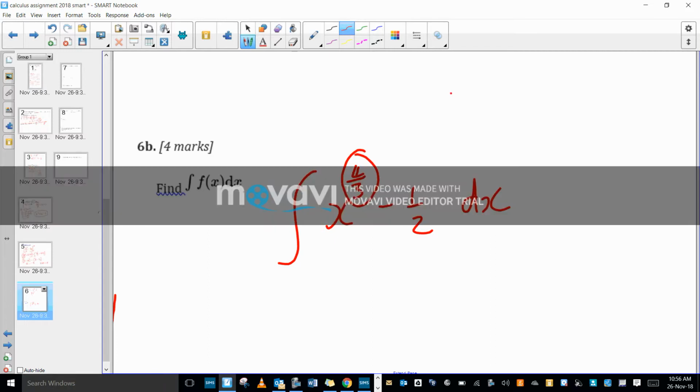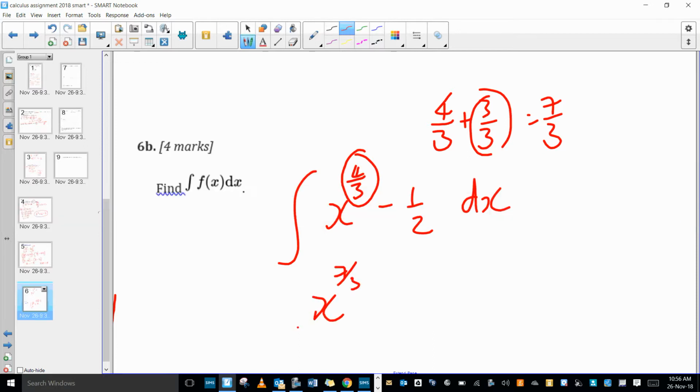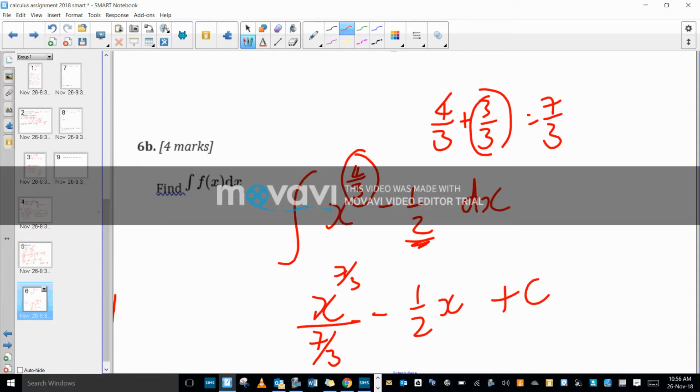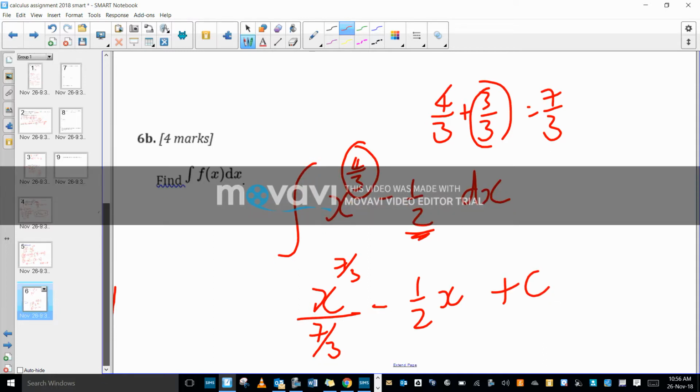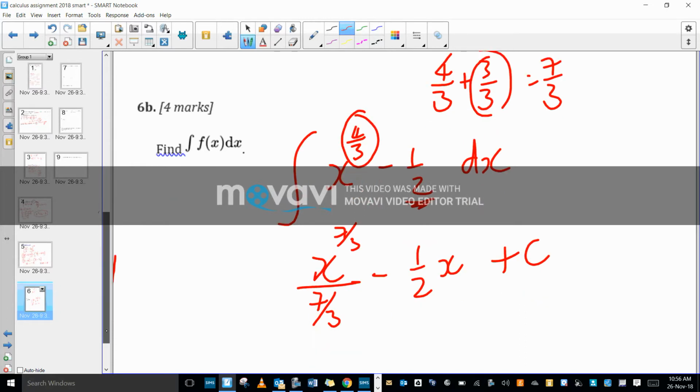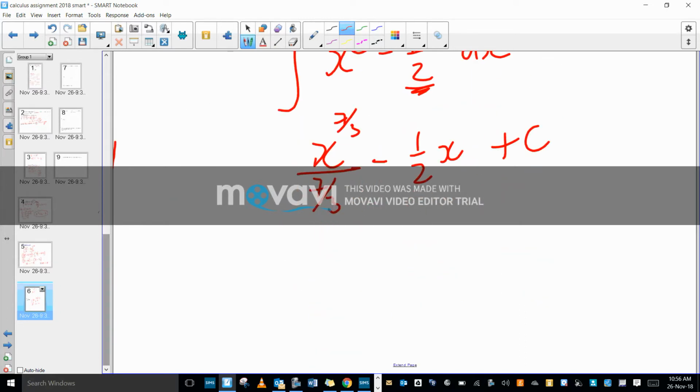So just to show you, 4 over 3 plus 3 over 3, because that's 1 whole 1, is 7 over 3. So that's x to the 7 over 3 divided by 7 over 3. Subtract 1/2 x. Remember, when you have constants, you just put the x next to it, plus c. And then when we are dividing by a fraction, we multiply by its reciprocal.